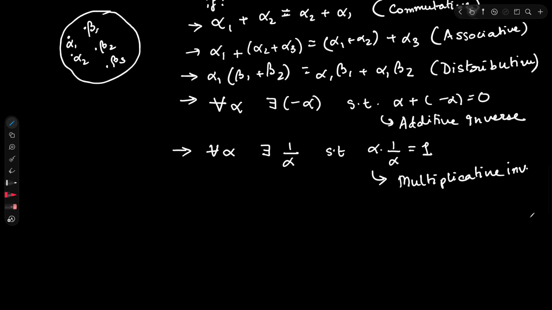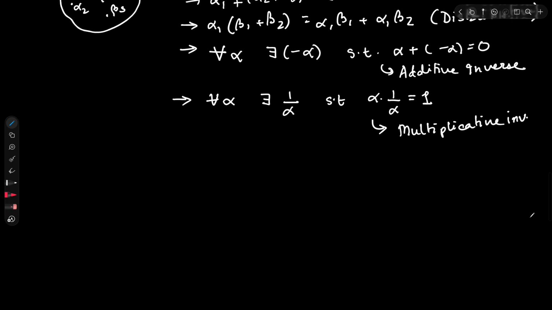inverse. And after that we have the last property, that is alpha plus 0 equals alpha and alpha into 1 equals alpha. So this is called the additive identity and this is called the multiplicative identity.